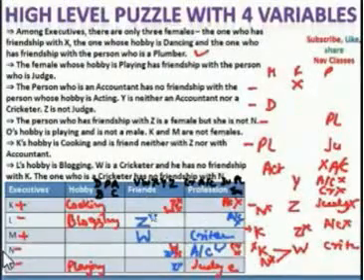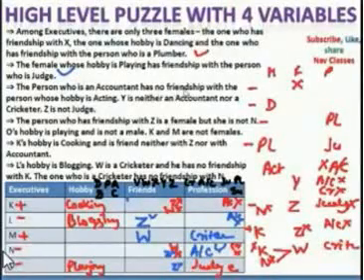Okay. So we know that with accounts Y cannot come. So where can Y come? Y can come here only or at the end, in the last one. So these are 2 options for Y. Let's read again. Females whose hobby is playing have friendship with the person who is judge, that is satisfied.